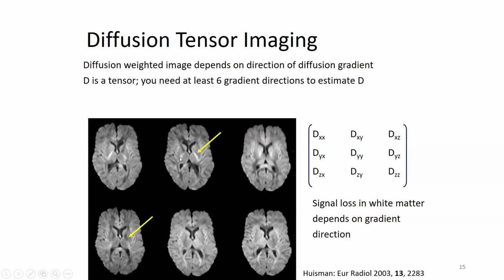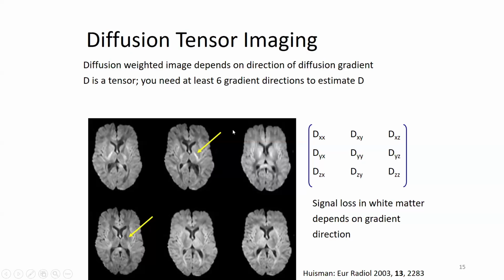So here I have this structure. This is called the posterior limb of the internal capsule. This is a structure where my corticospinal tract, so my motor tract from my motor cortex to my spinal cord, goes, and this goes through this small area here, which is shown here in white.